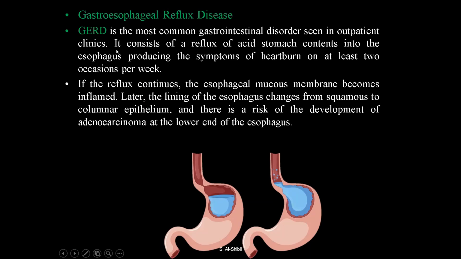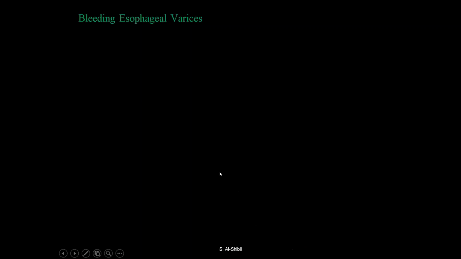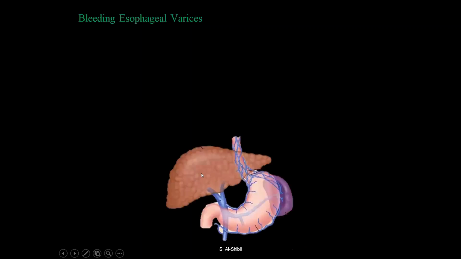Okay, so in GERD, if there is transformation of the epithelium from squamous to columnar, it might lead to metaplasia and finally adenocarcinoma of the lower end of the esophagus. This has many causes, mainly failure of the lower esophageal sphincter or hiatus hernia, and definitely abdominal obesity.